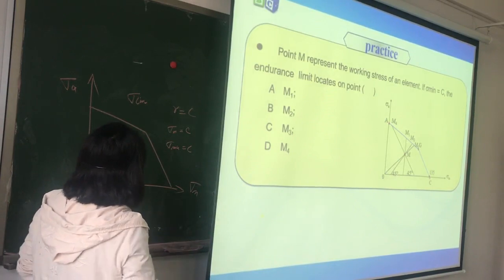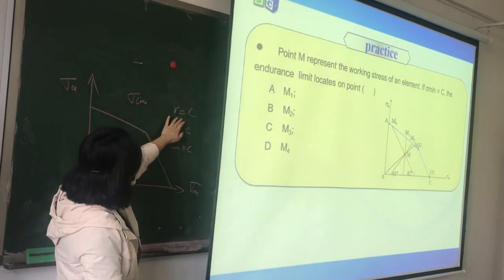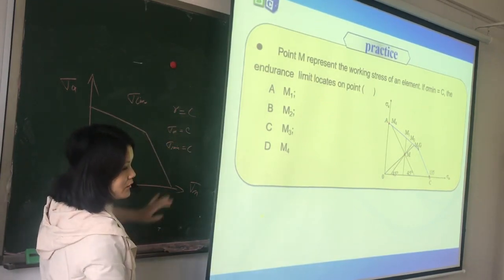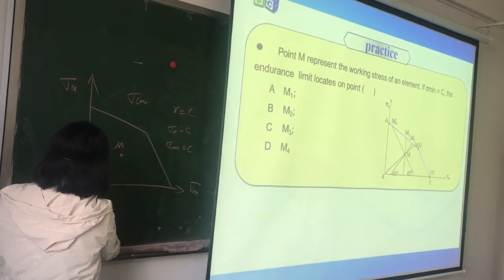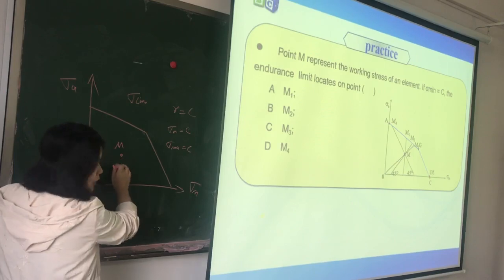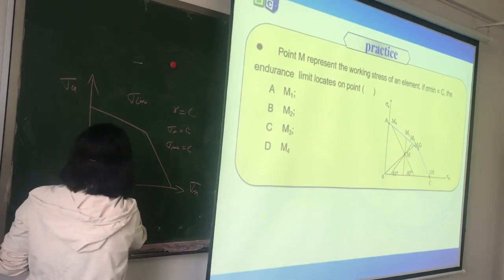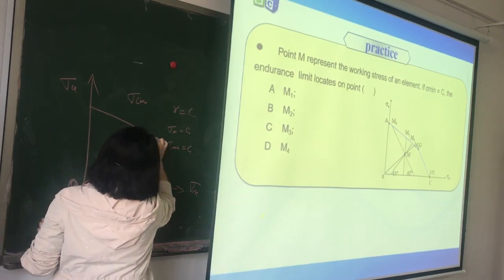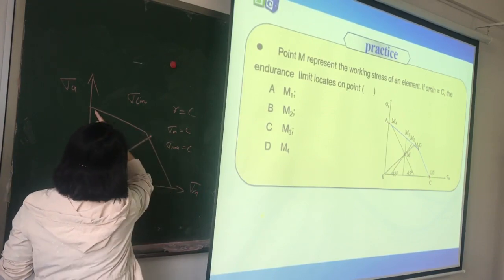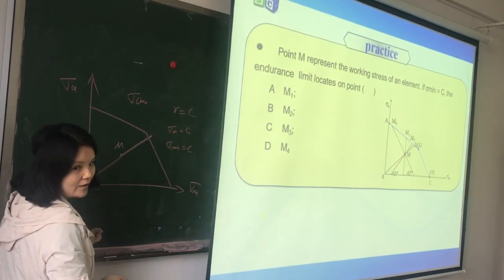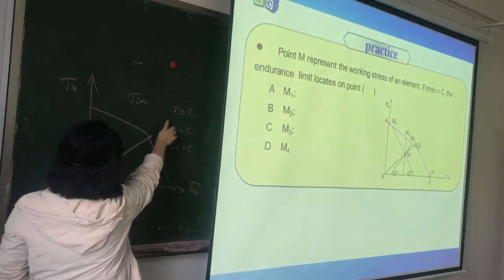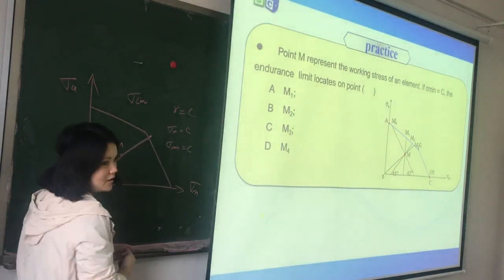If R is constant, we connect the origin O and the point M, and intersect with the limit line. This is for R constant.